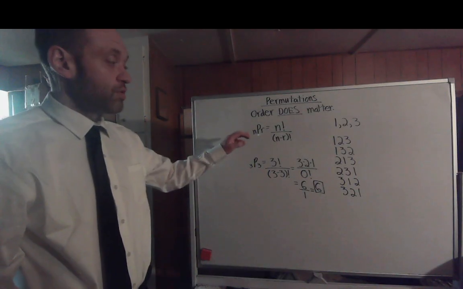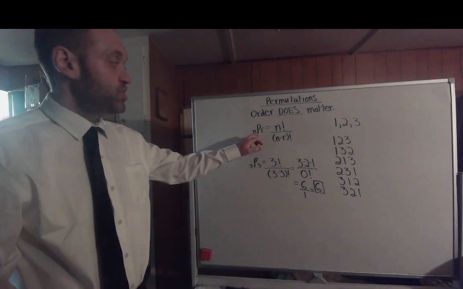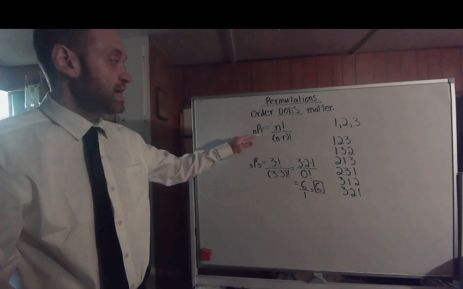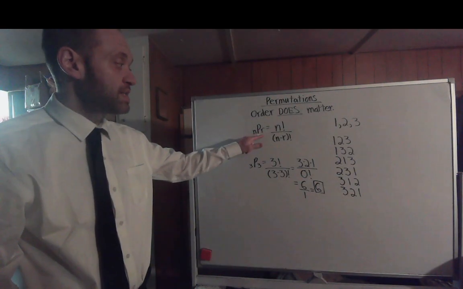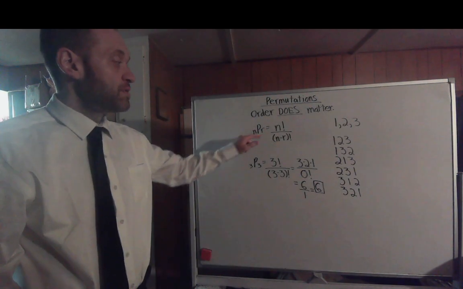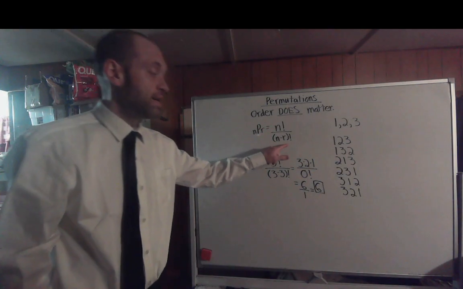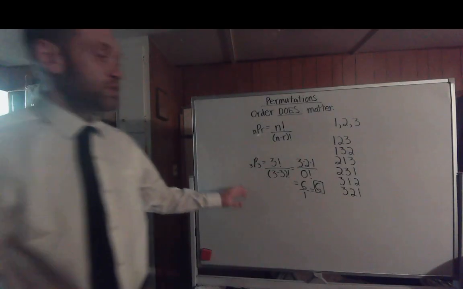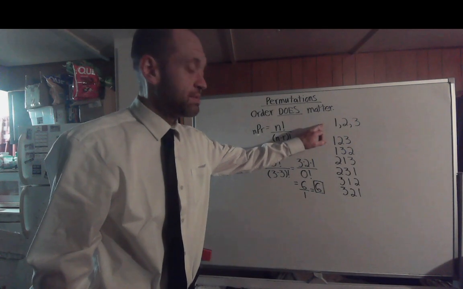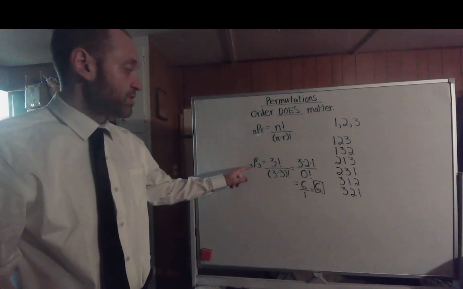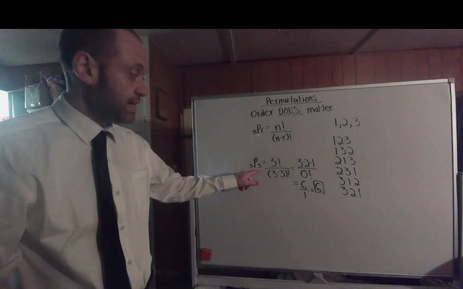Now, in general, for permutations, that capital P of nPr means you're taking n things r at a time. The formula for that is given as n factorial over n minus r factorial. So just as I did this example with the numbers 1, 2, 3, I'm taking three numbers 3 at a time.